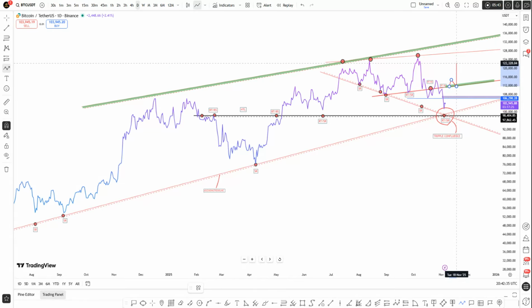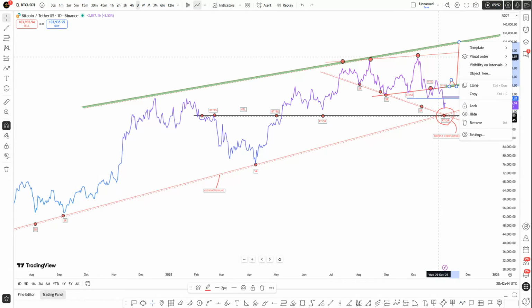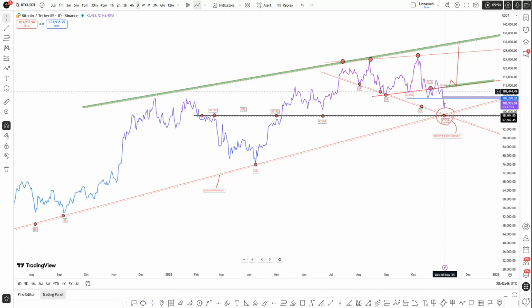So if price breaks out from there, then most likely the market moves up again to update this roof and take away the current resistance that has bedeviled the crypto market.